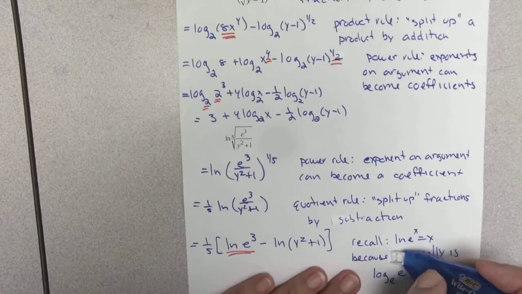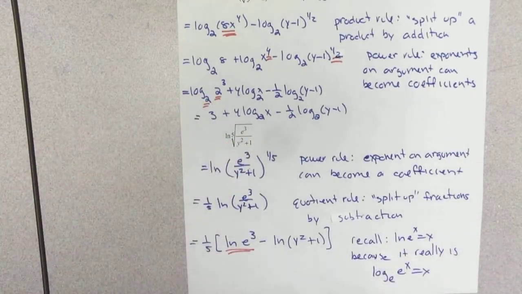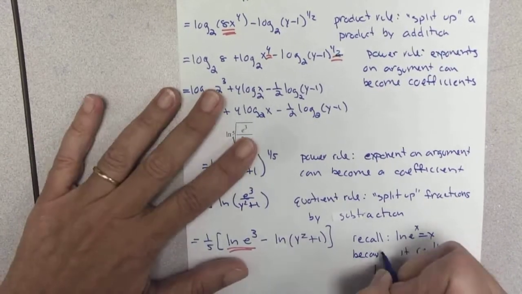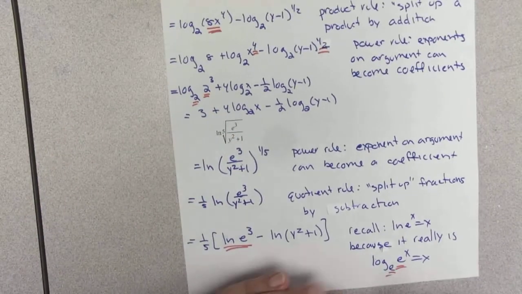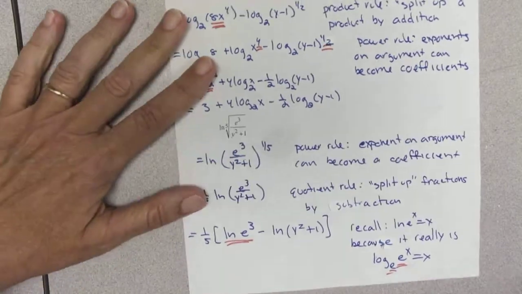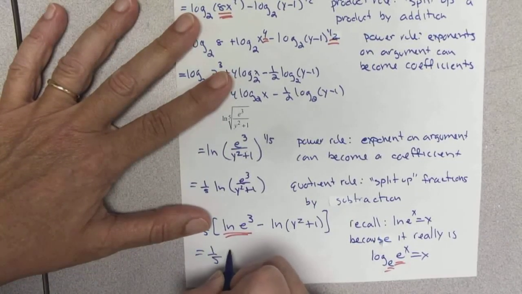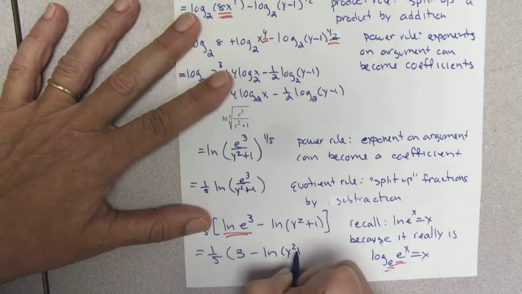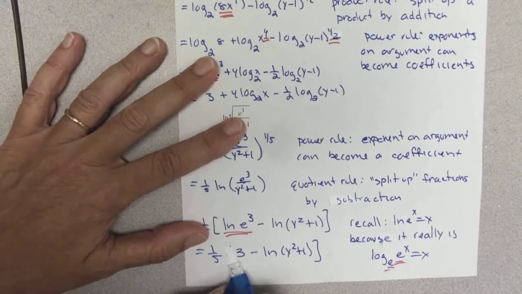That you really have got that equal base thing going on. And then because they are inverses, they quote-unquote cancel or undo each other. So I've got that going on right here, that the natural log of e cubed would be 3. And that would be my answer.